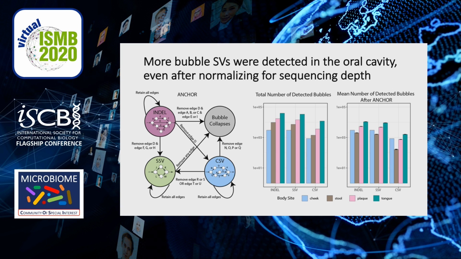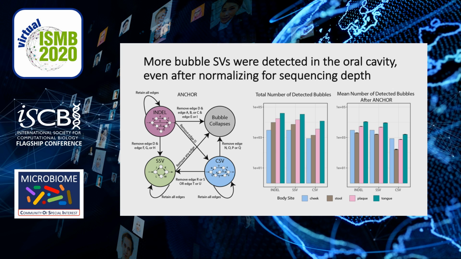Once edges with low probabilities are removed, ANCHOR determines whether a bubble would be retained at a lower sequencing depth. Here, on the left, we enumerate all possible combinations of how edge removal could affect variant structures. ANCHOR runs multiple iterations to obtain bounds on the number of bubbles of each type you might expect to see at a lower sequencing depth.